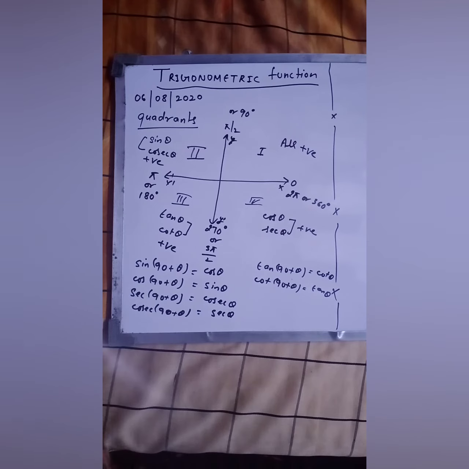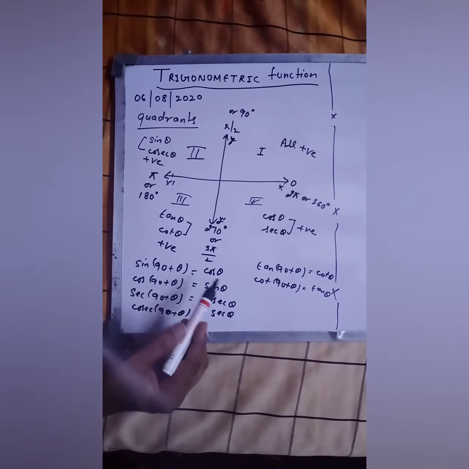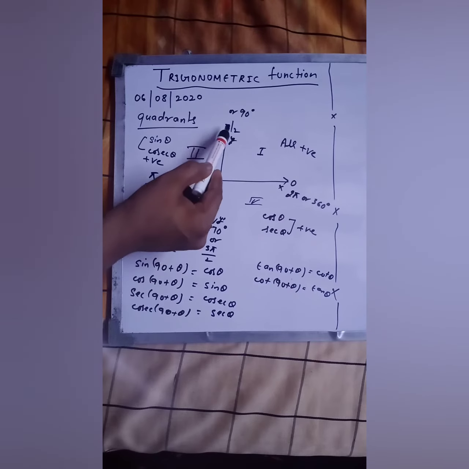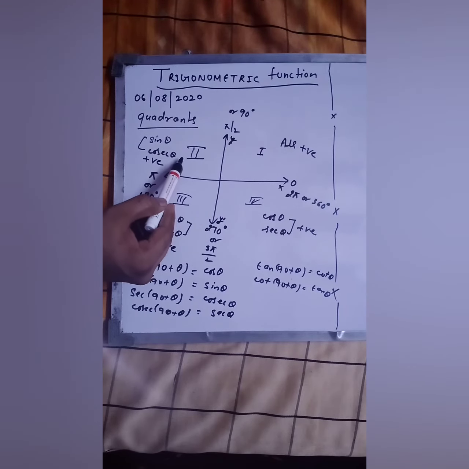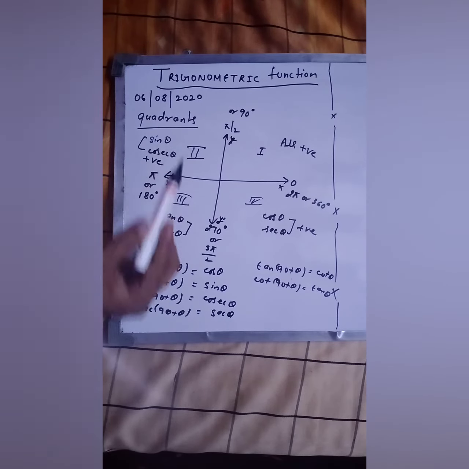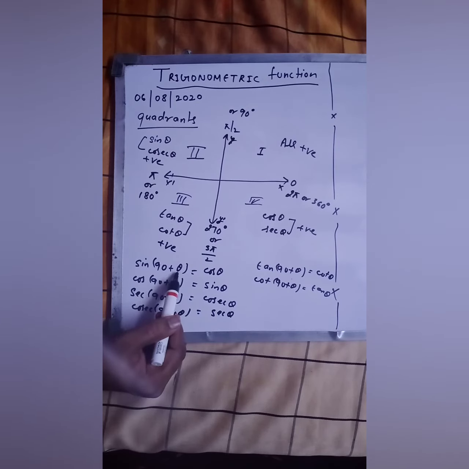Now see, this is sine 90 plus theta, which means the value is more than 90 degrees, so it will lie in the second quadrant. Are you getting the points? The value of theta lies between 0 and 90.